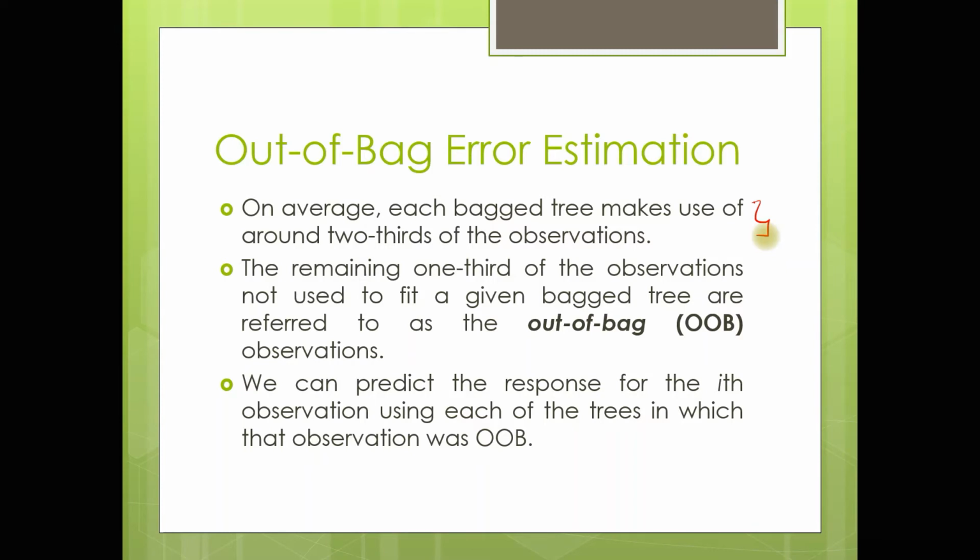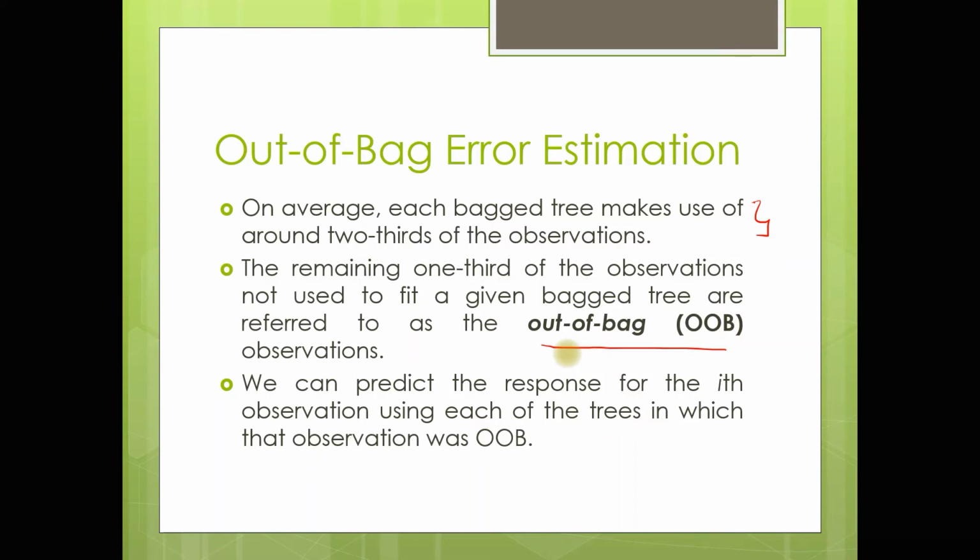The remaining one-third of the observations, which is not used to fit the tree, is what we refer to as the out-of-bag observations. The remaining one-third which has not been used to train the bagged tree is what we refer to as the out-of-bag observations.